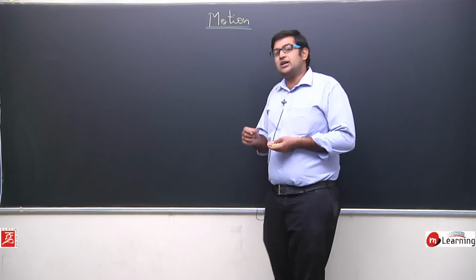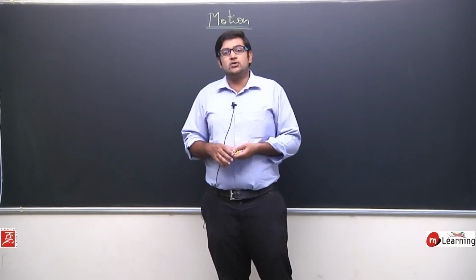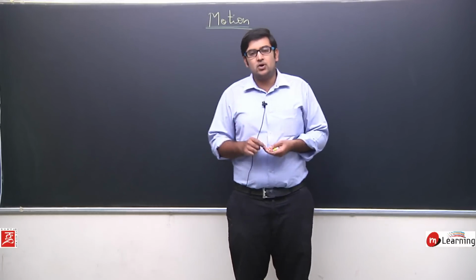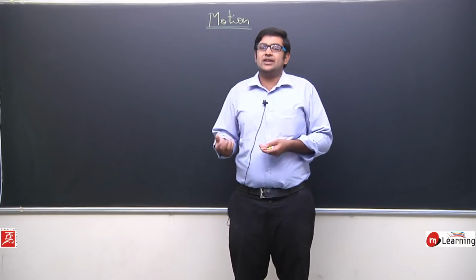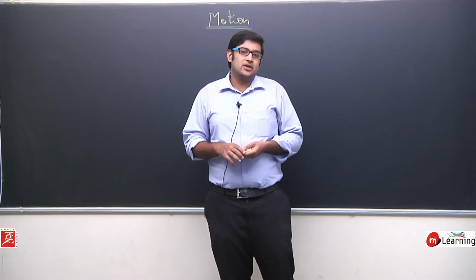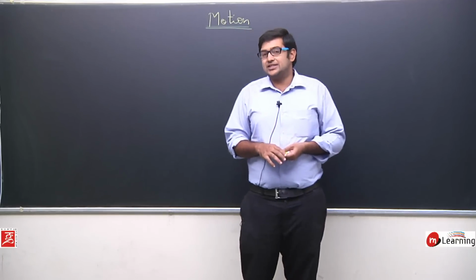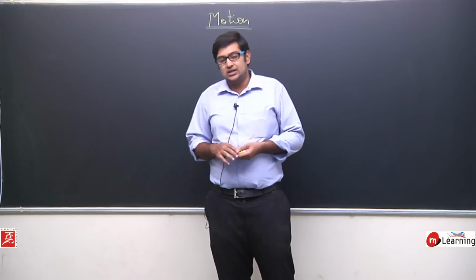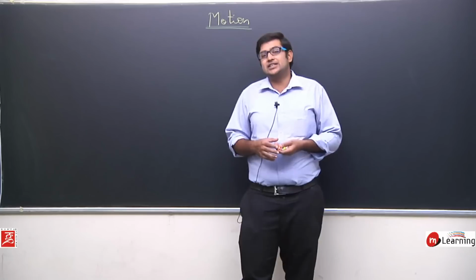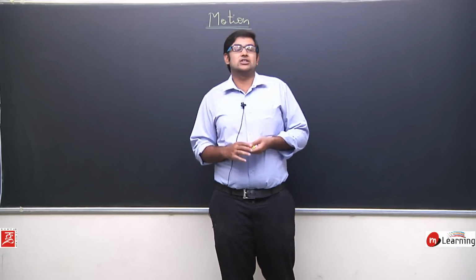We defined a new term known as slope, or in other words tan theta. As I told you, velocity is equal to tan theta. So the more the angle, the more the velocity; the less the angle, the less the velocity.